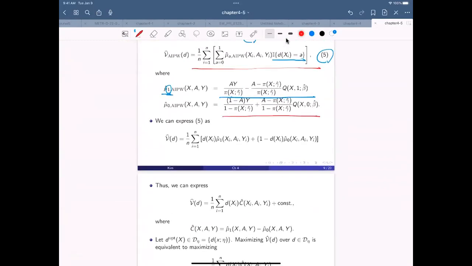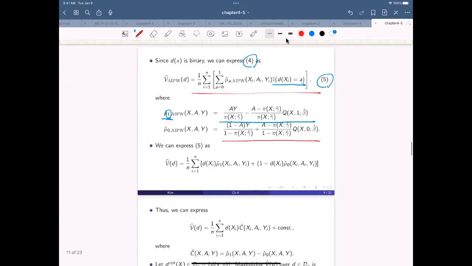And now you can check that the expected value of mu hat 1 AIPW is mu 1, and you can check mu hat 0 AIPW is mu 0, as long as either the outcome model or the propensity score model is true, right?